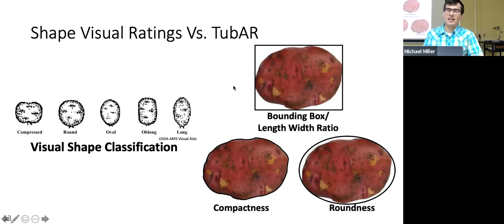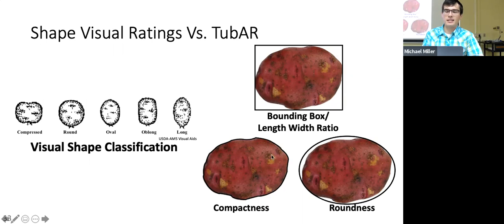So the first category of traits that TubAR is going to be looking at is shape traits. And so this is a visual scale off to the left, and then three metrics are what we're using in TubAR. So the first one TubAR is measuring is aspect ratio, or the length width ratio. And so this is basically just looking at the longest and widest line that you can draw across the tuber.